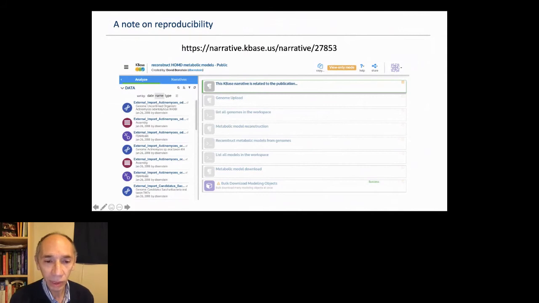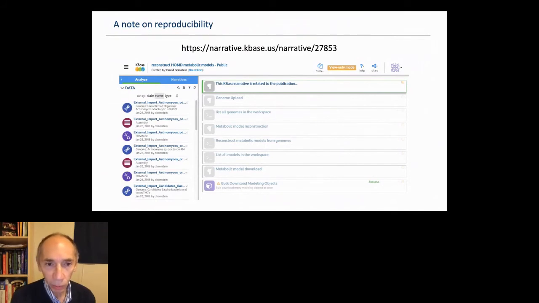And I think this is really, really important. And one of the things that we're trying to do more and more is to use tools that are available in KBase and build our own if necessary in order to allow for this reproducibility. So I think this is something that going forward really should be embraced in computational biology broadly as a way of making research reproducible.